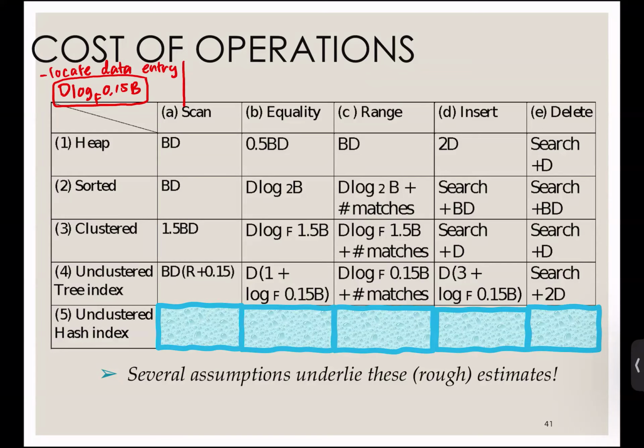And now we can fetch the real data record from here. But you have to understand that when I say fetch the real data record, we have to read the whole page. You cannot just read that record out. So that whole page costs you D time to fetch.